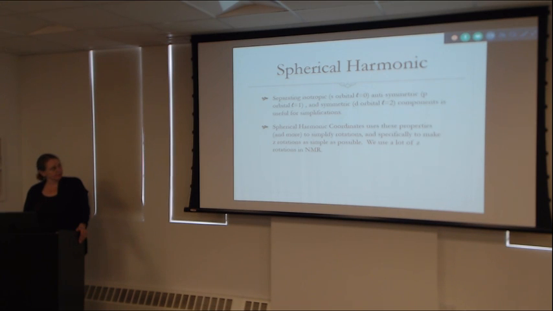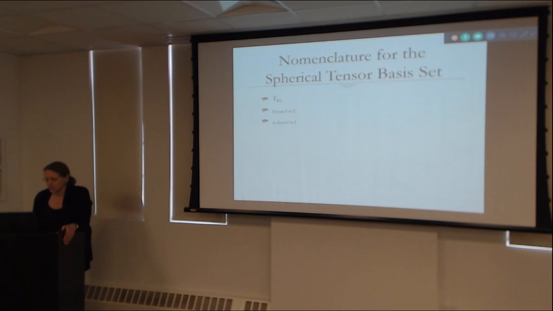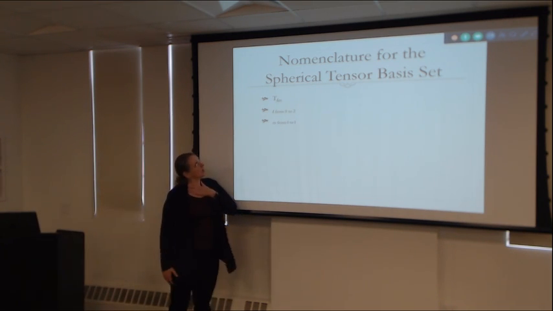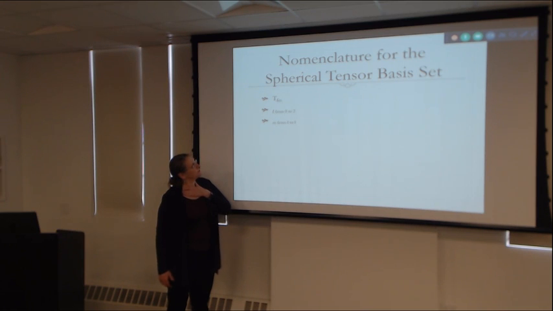Besides this separation, we need to think about one more thing. There's only one L equals 0 component. It turns out there are 3 L equals 1 components and 5 L equals 2 components. So overall you have 9 spherical tensor components. And an intelligent choice for those full decomposition is to think about the fact that we do a lot of z rotations.